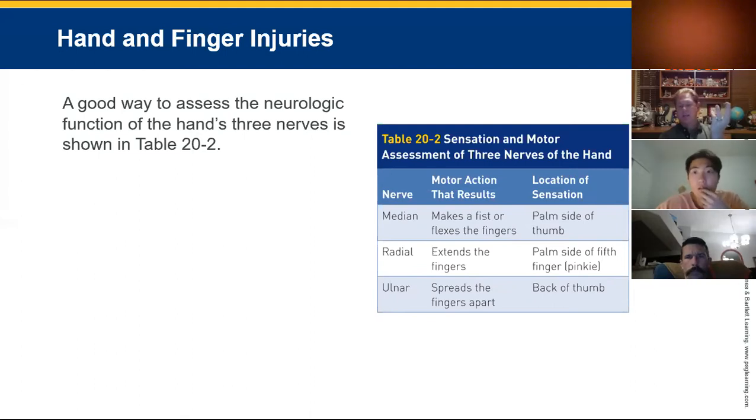Turn your hands, make a fist, wiggle your fingers, spread them apart, bring them together. Just things that you're going to use to assess, not just for hand fractures, but anything on the upper extremities. Same way with the toes, when you get down there and you've taken the boot off, and you want to assess the foot and the toes.